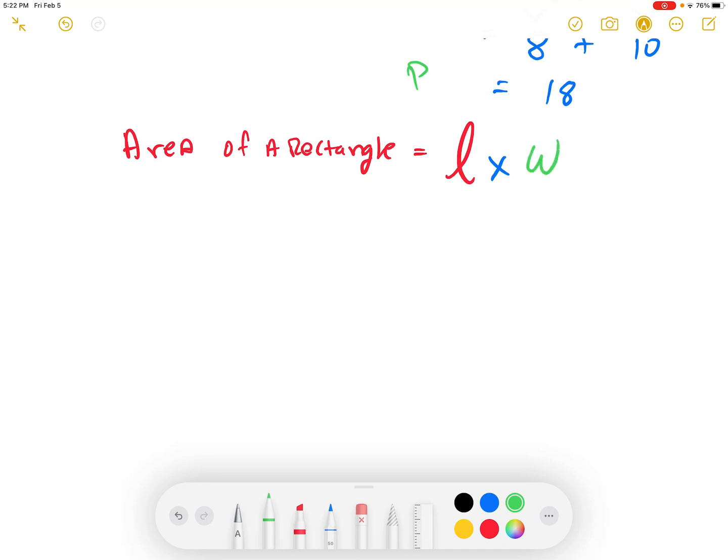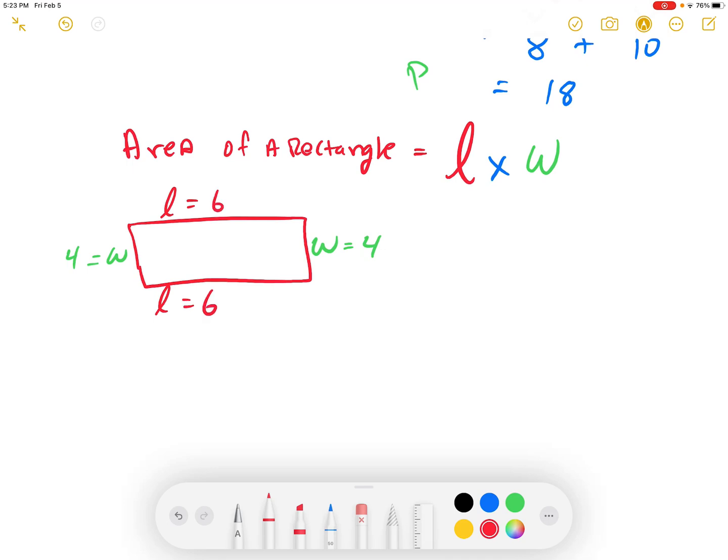So if we had a rectangle, let's get our rectangle back here, and we were trying to find the area, well, first we would need to know what the length is, and we would need to know what the width is, right? And let's just say for this problem, our width was, again, 4, and our length is a little longer this time, so let's go with 6.